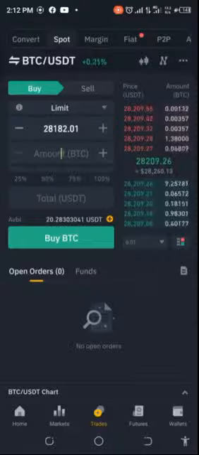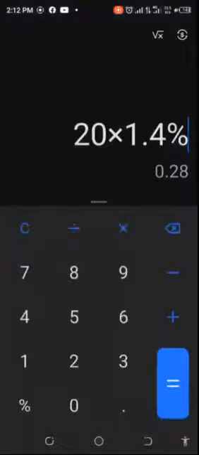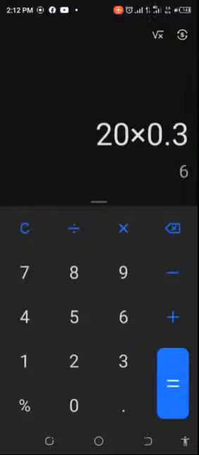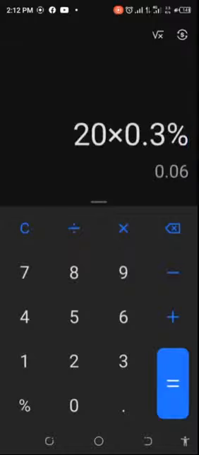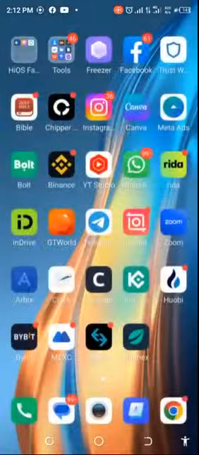Remember, it's 0.1% each, so in the long run you're going to be paying 0.3%. What is 0.3% of $20? That's 6 cents.